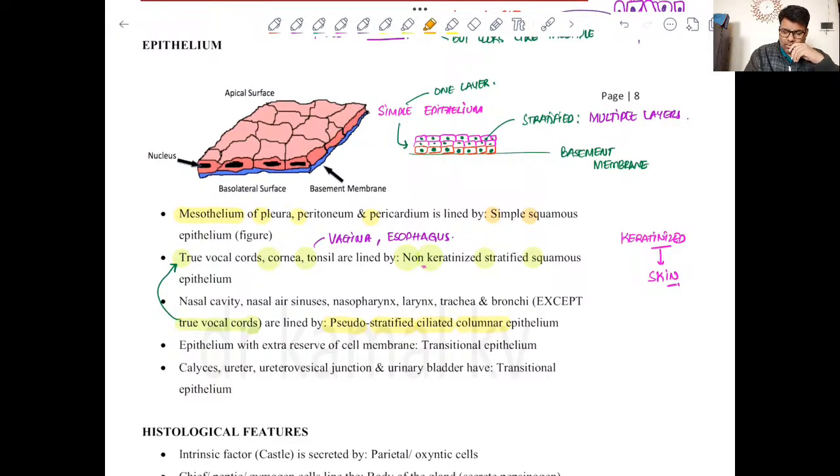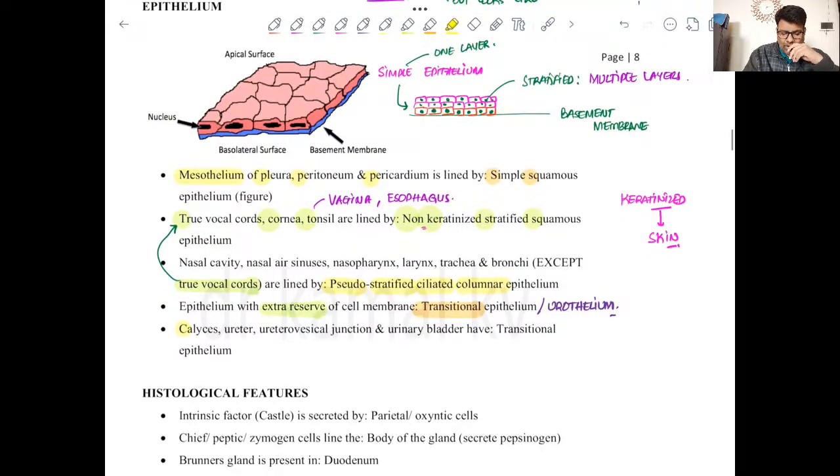Now, in the urinary pathway, there is transitional epithelium and it has a capacity to stretch, so extra reserve. This is transitional epithelium, which is also known as urothelium, and the urinary tract like renal calyces, ureter, ureterovesical junction, urinary bladder, all are lined by urothelium.